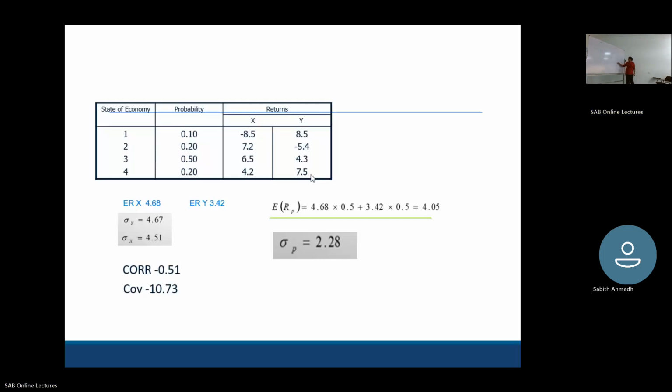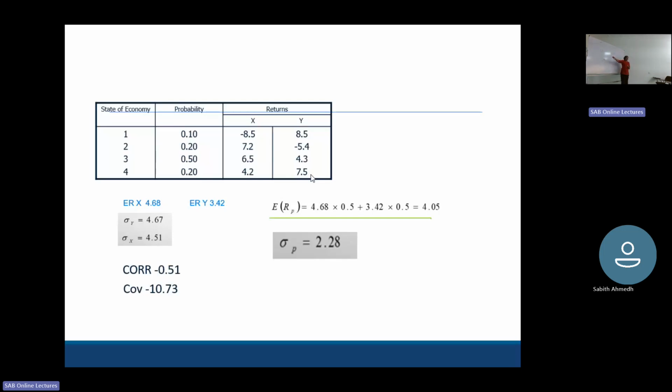4.59. So you can see the weighted average standard deviation of the portfolio stocks is greater than this, or our portfolio standard deviation is less than the weighted average standard deviation value. Therefore there is a diversification effect. There is a diversification advantage.